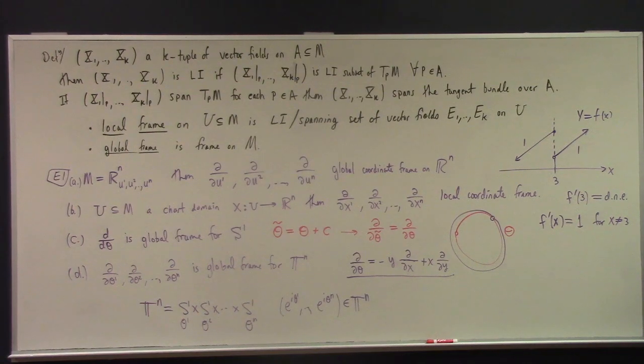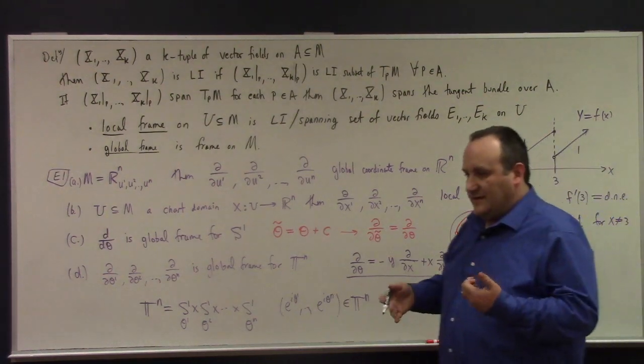So, definition: a frame on Rn, or a subset of Rn, and the frame I'm talking about is, as usual, E1 through Ek, is orthonormal if you have E1 at P through Ek at P an orthonormal subset of T_P Rn, which of course we identify with Rn in this context.